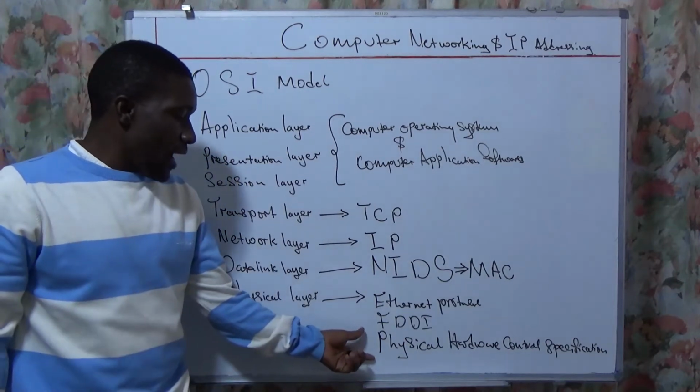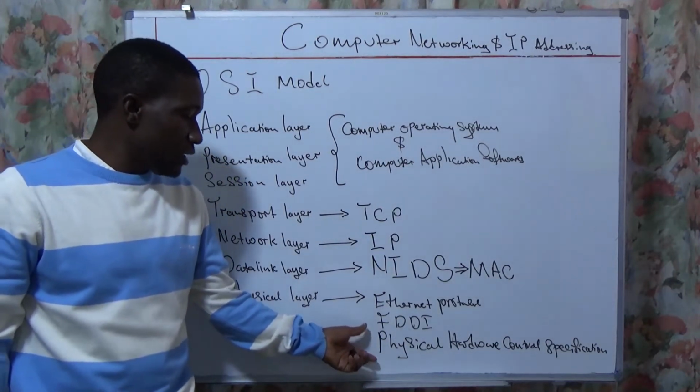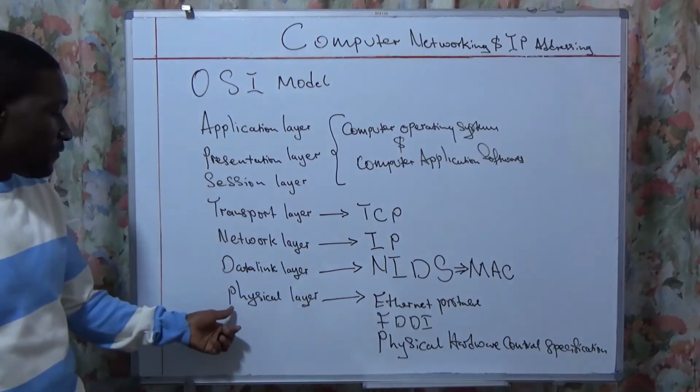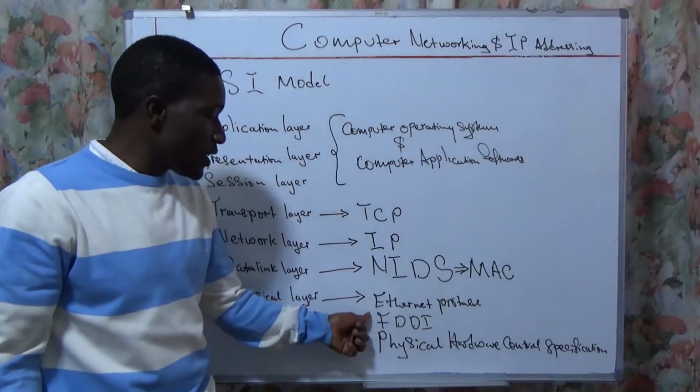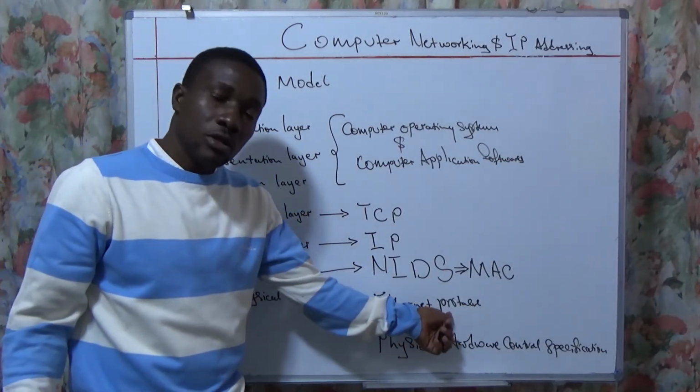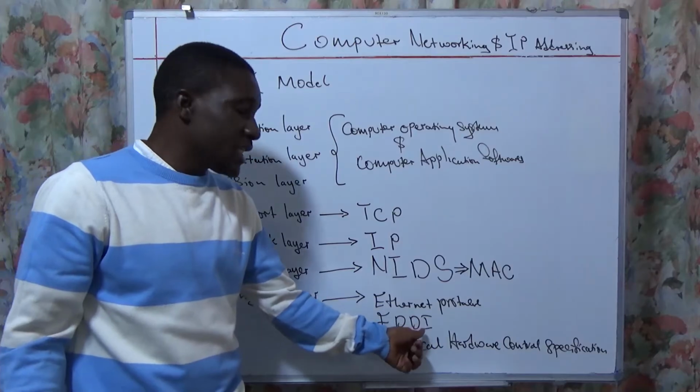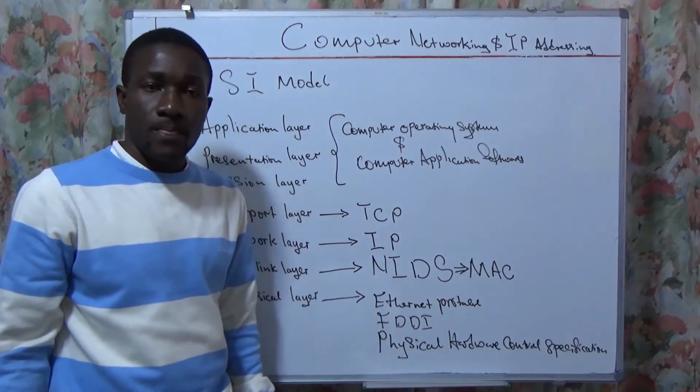The physical hardware control specification, which is found at the physical layer, is purposed to house the Ethernet protocol and the fiber distributed data interface protocol.